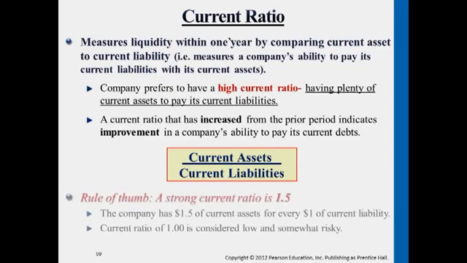So all the short-term notes payable, accounts payable, anything that is a liability that is due within a year. So what this is trying to represent is, per dollar of current liability, how much current asset does a business have to cover this liability, to pay off this liability that will be due within a year of time.